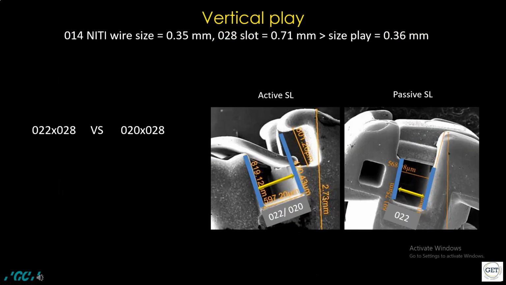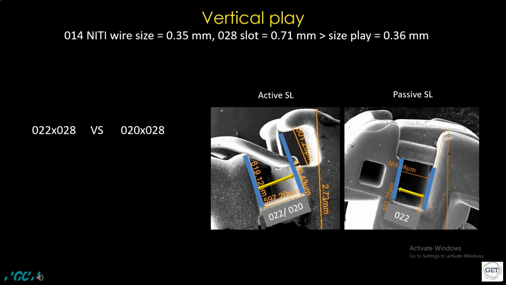The incisal or occlusal and gingival walls of the slot are responsible for the vertical position control and the degree of the tipping. The bracket mesiodistal axial slot width will have an impact on the degree of the tipping and the rotation control. A 0.22 slot will require a bigger size of wire to control the vertical and the tip control of the teeth.